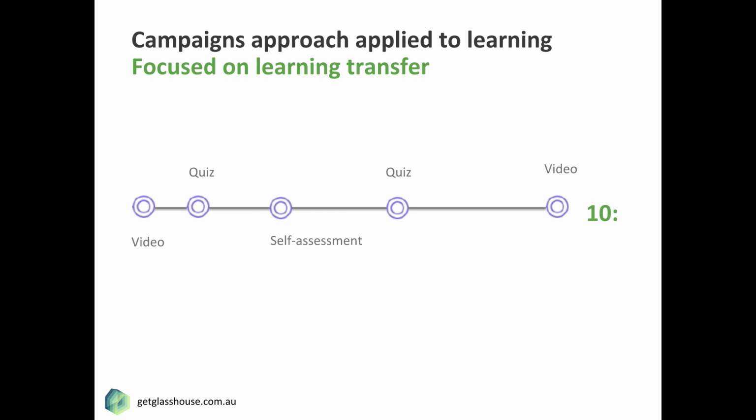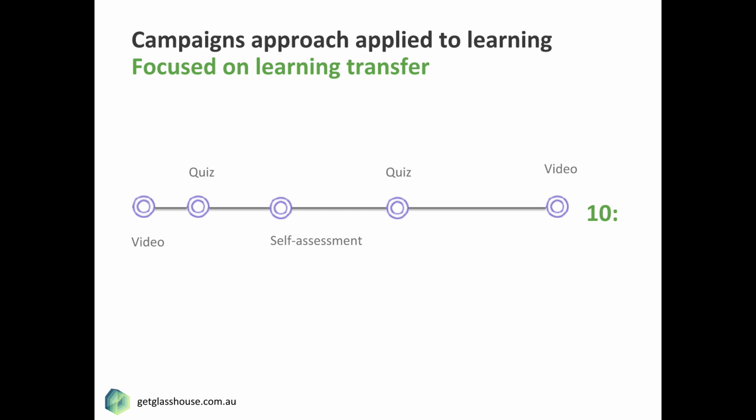Most often a learning campaign approach is focused on learning transfer. There might be a bit of content, like a quiz at the beginning or a video, and then over a period of time, things are fed out to people. So the learning experience becomes a spaced learning experience, and there's repetition linking back into this as well.